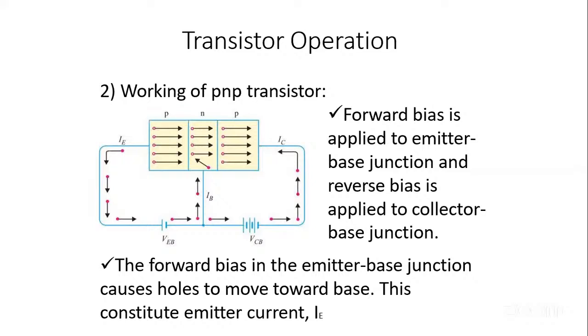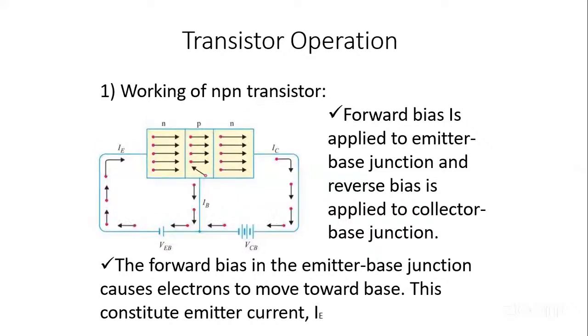Minority is electrons. At the base, you have majority electrons, minority holes. At the collector section, you have majority holes, minority electrons.